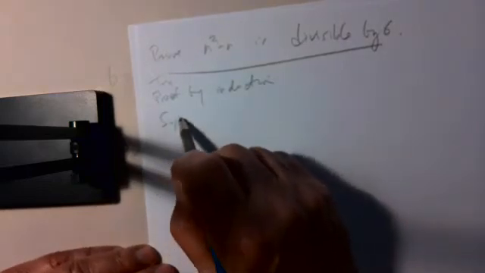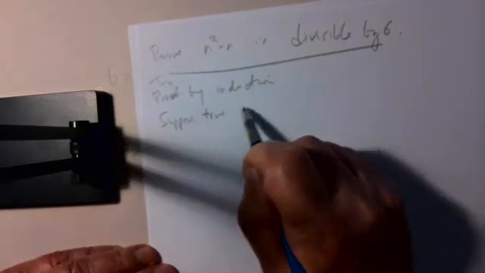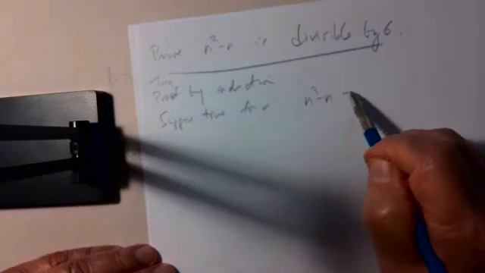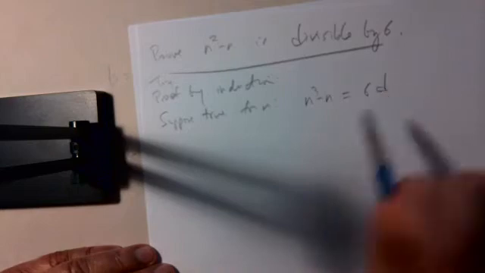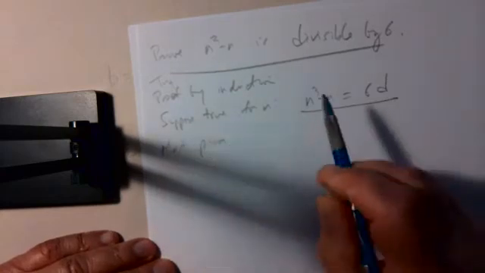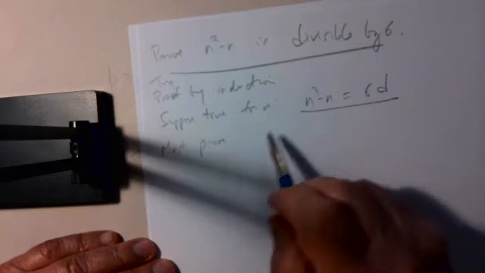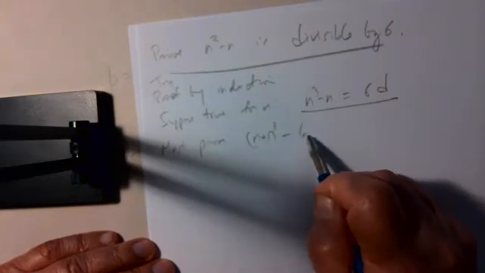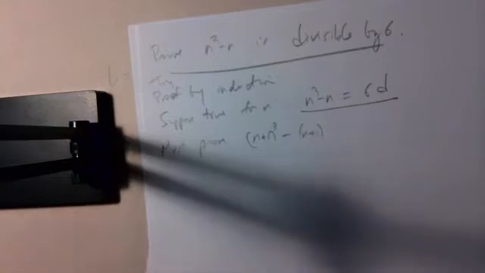So suppose it's true for some number n, which means n cubed minus n is 6 times some number d, right? This is what we start with. And we must prove the statement for n plus 1. So n plus 1 cubed minus n plus 1, right?